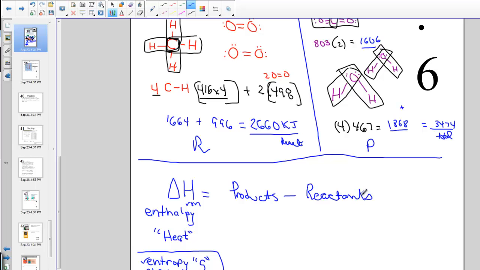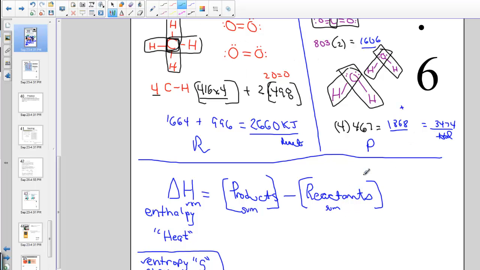Products minus reactants. And I'm going to put this in a bracket to remind us that products minus reactants, that I have a lot of math to do inside them. It's the sum of all of the heat content of the products minus the sum of all of the heat content found in the bonds of those reactants.